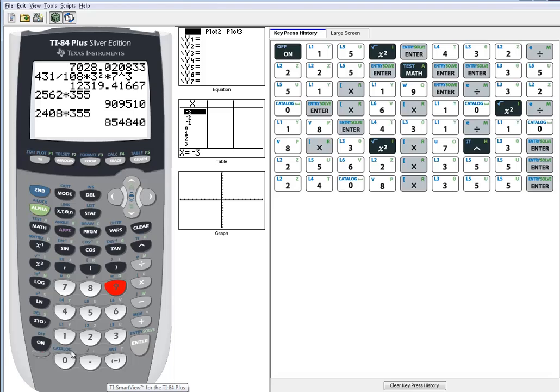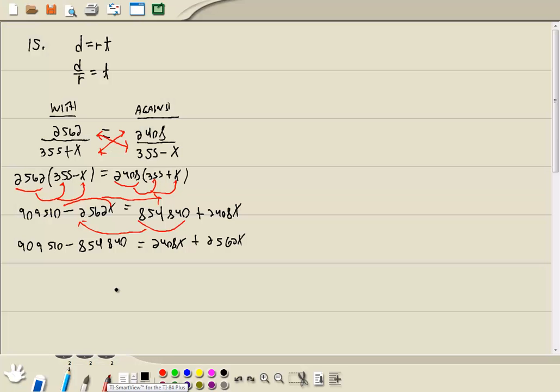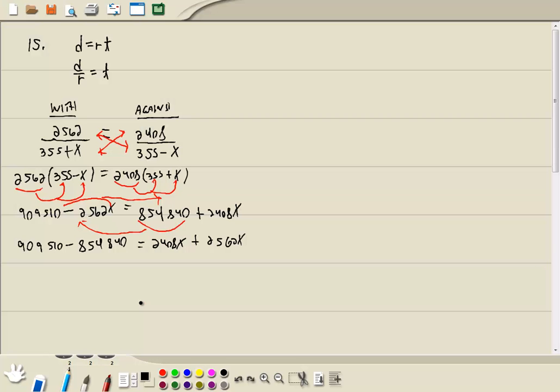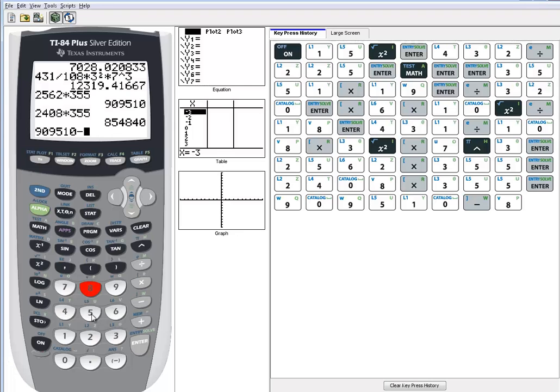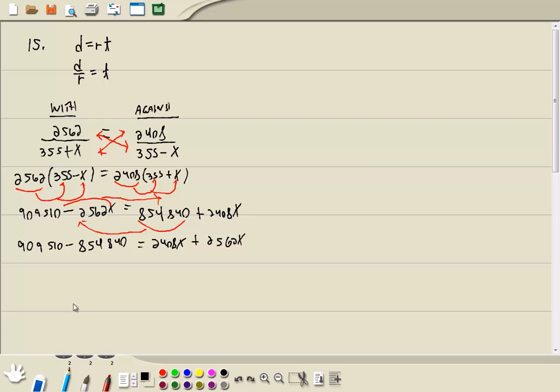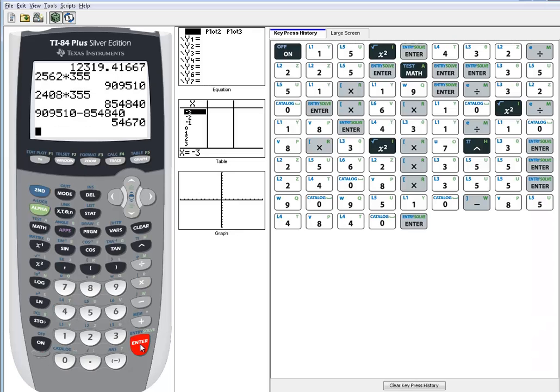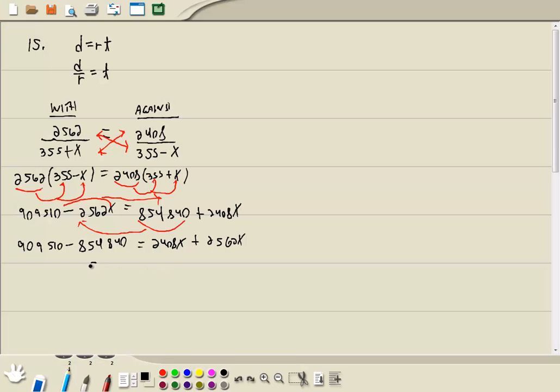Okay, so we got 909,510 minus 854,840 gives us 54,670.